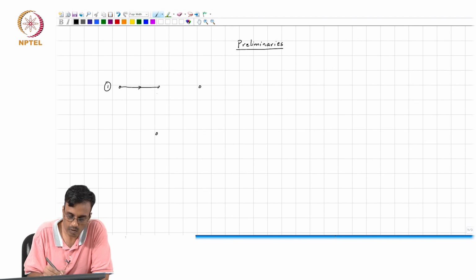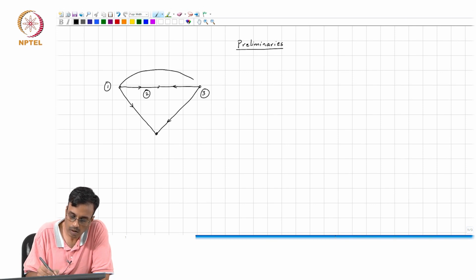So, let us number the nodes. I am going to quite arbitrarily choose the directions of the branches, and I am going to number the branches.